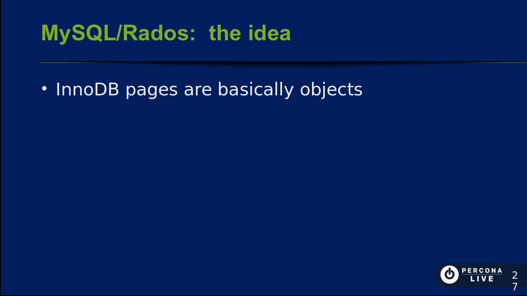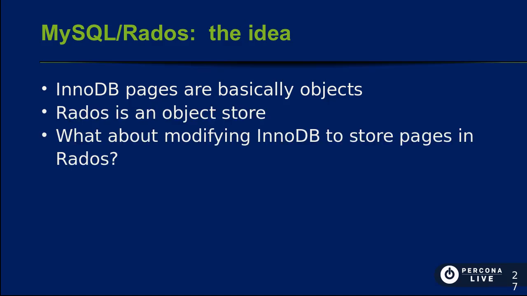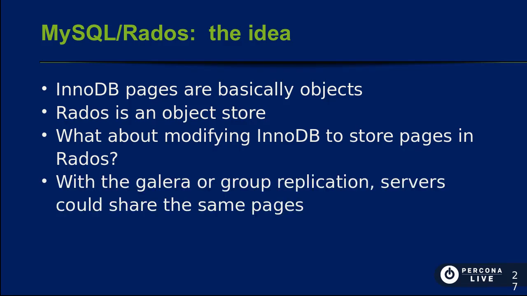Why not store an object that is identified by a tablespace and an offset? It could go straight to RADOS, and would save a lot of potentially contentious layers. RADOS is an object store. Okay, that's basically what I just said.